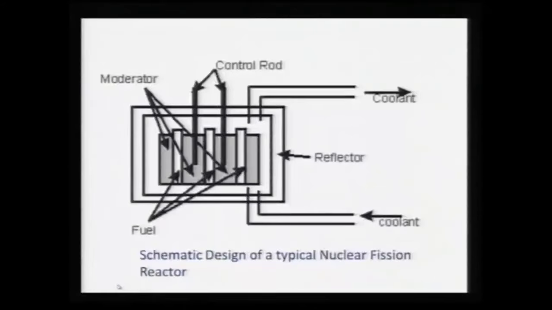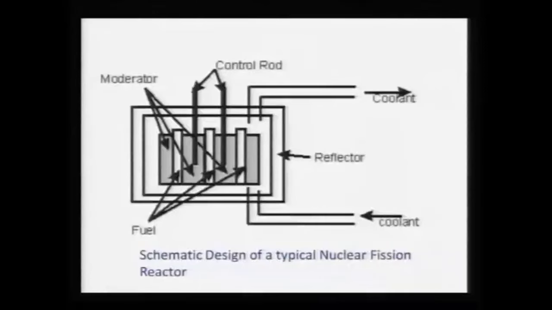There is a lot outside this, and reactor design is by any means a very complex thing, but right at the core where the nuclear reactions are taking place, what are the things? First, you have fuel rods. These are the fuel rods I am showing, these white things here.